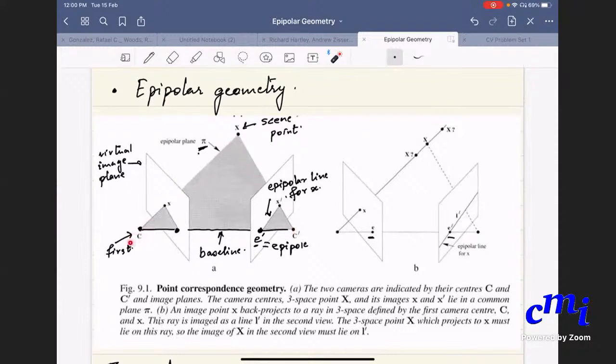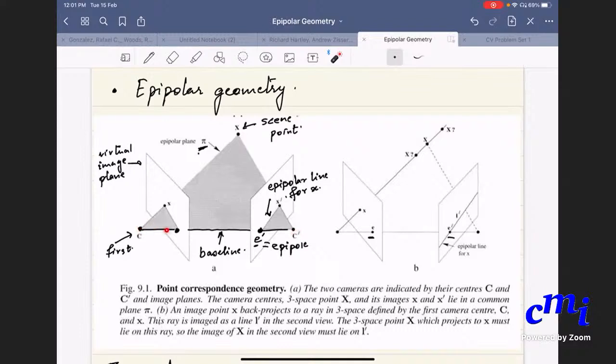So look at this plane, and the ray joining the camera center and the scene point, the image point lies exactly on that, correct? Similarly for the other image. And so actually you have that C, X, x prime and C prime all are coplanar. Going ahead, the line joining the two camera centers, which is called the baseline, also lies on the same plane.